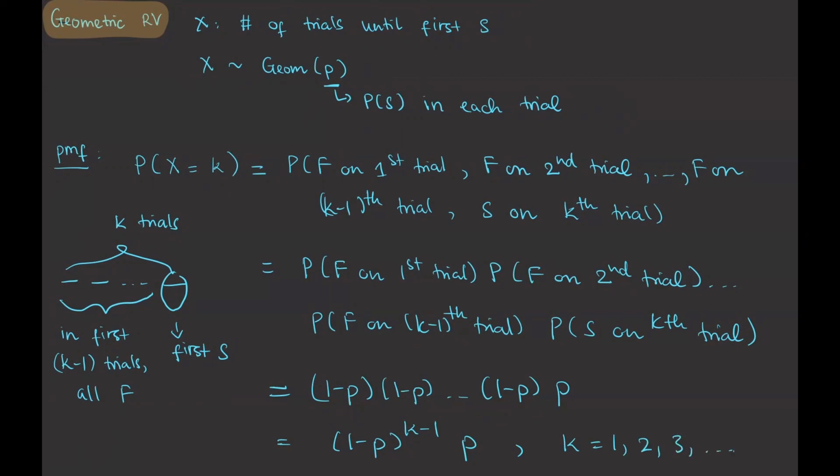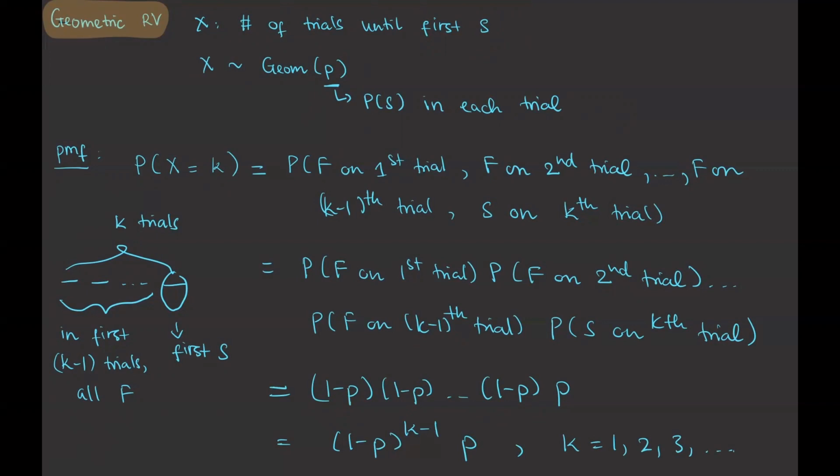It should make total sense because we cannot have 0 trials, because we want the first success. X denotes the number of trials until the first success, so in order to get a success, we need at least 1 trial. And then it can go on up to infinity.